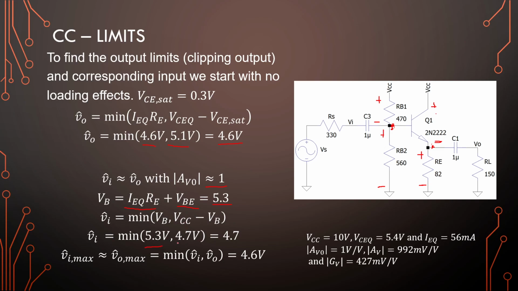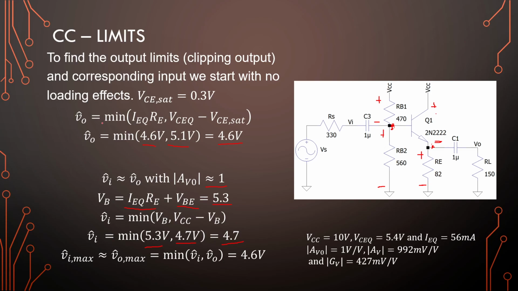So that's 5.3 and 4.7 volts, and the smallest of the two is 4.7. Now, keeping in mind that our input and our output will follow one another, we can have an output that is larger than the input here.